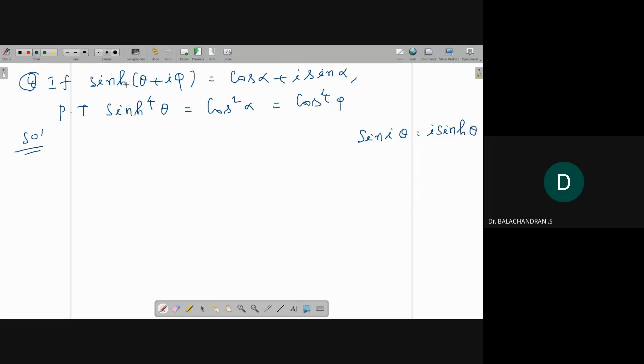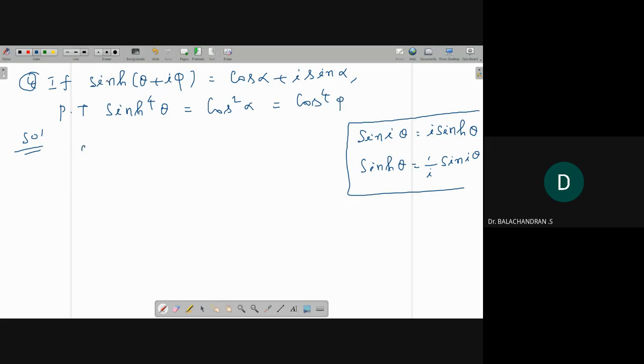But here I have sinh theta. So sinh theta equal to 1 by i sin i theta. So this is the basic idea. Once you know this, then you can proceed with what is given.